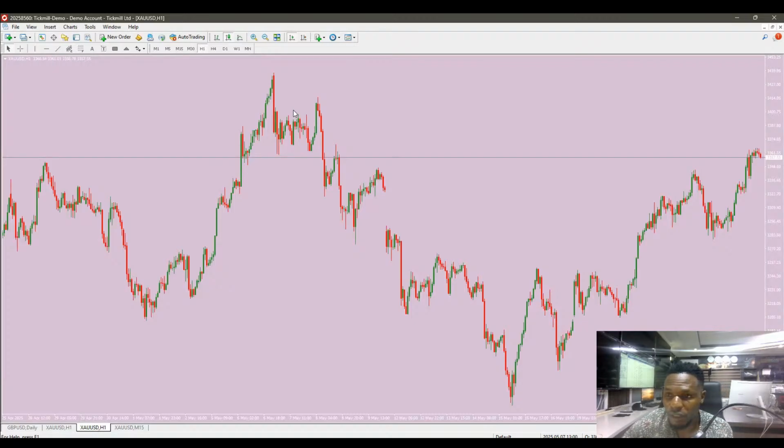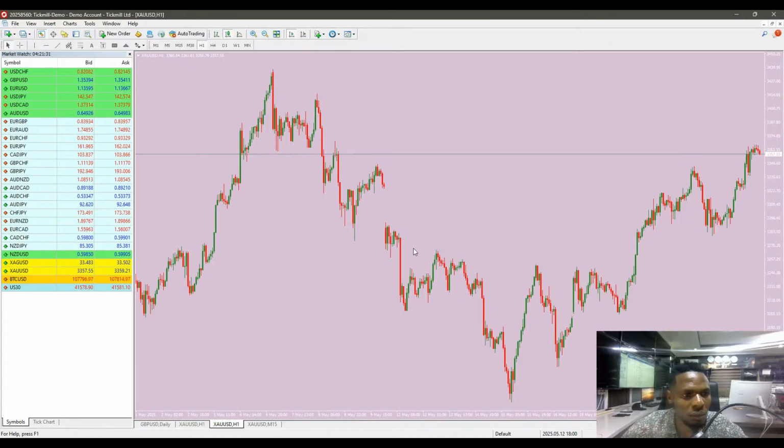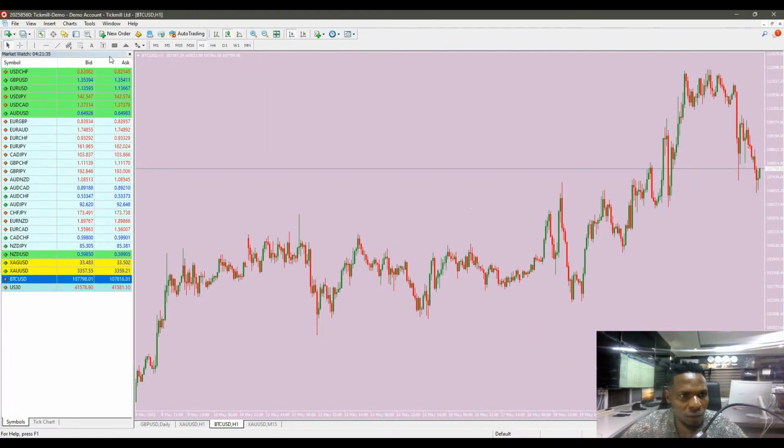Then if you want to place a trade after doing your stop loss calculation, oh, I thought I was sharing the right chart. Okay, Control M. Now this BTC chart.